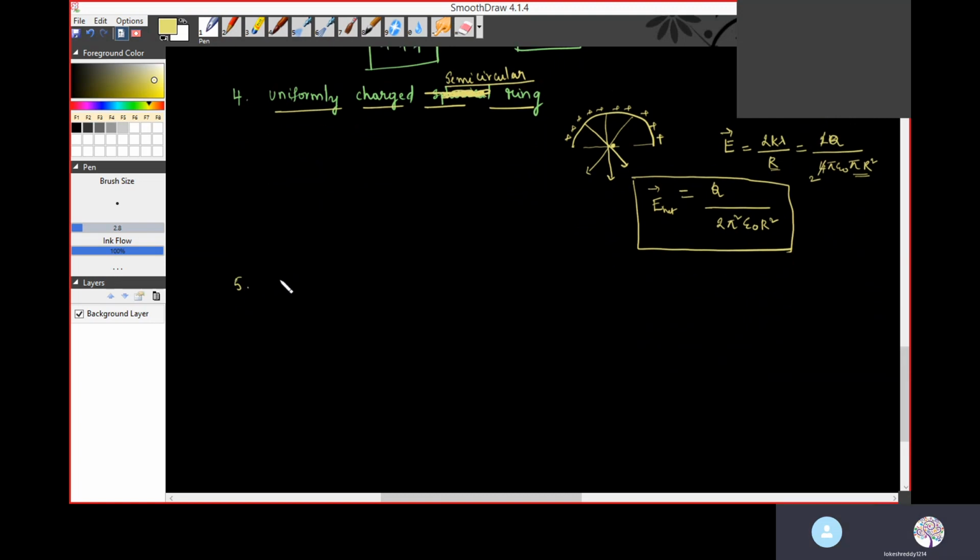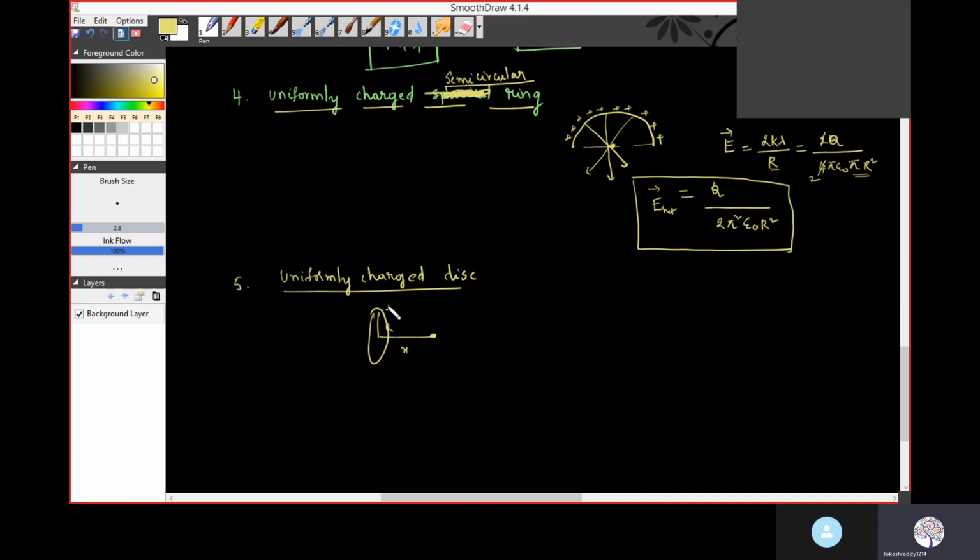Then, uniformly charged disk. So there is a disk here, at x distance, radius is r.